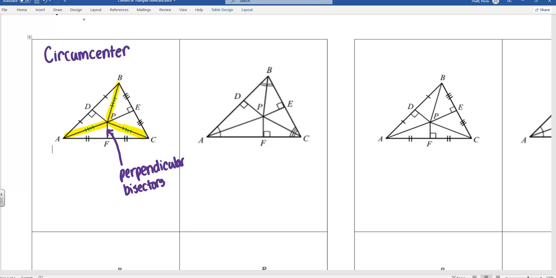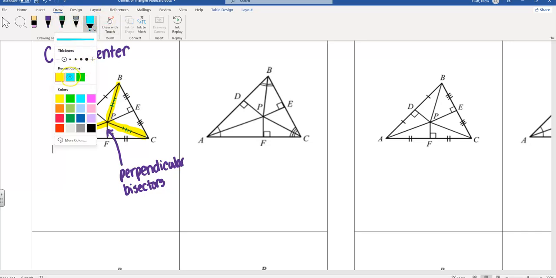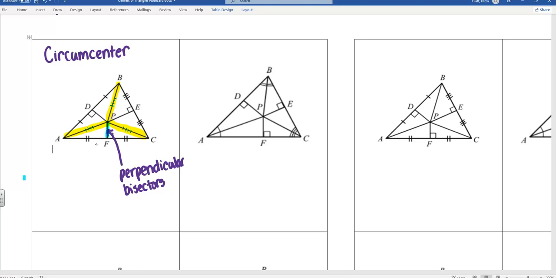It might be a good idea to highlight those perpendicular bisectors there. Okay, we all got everything down?